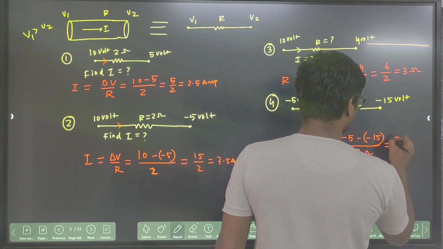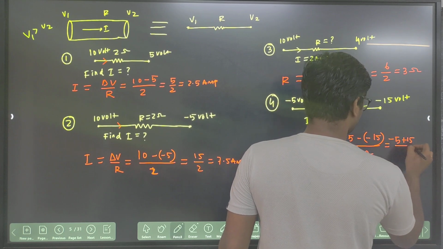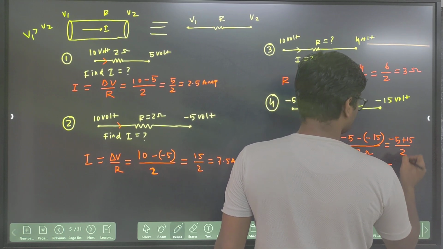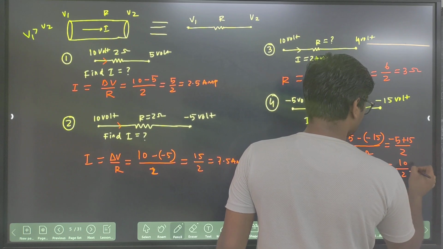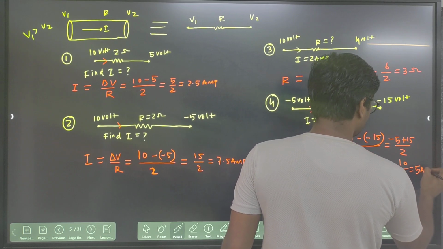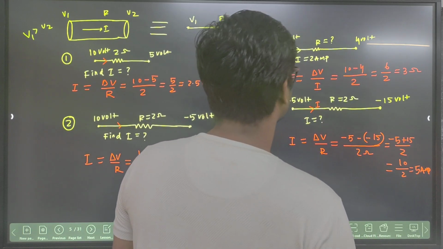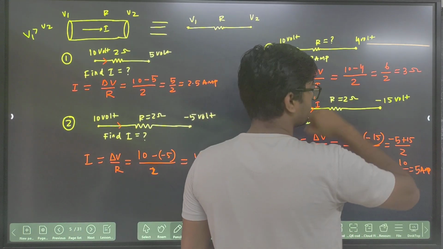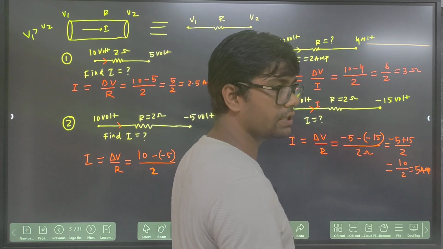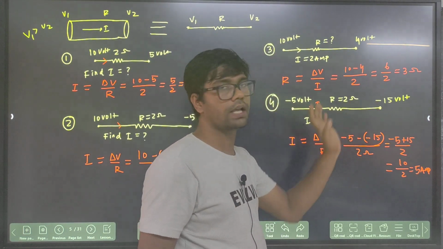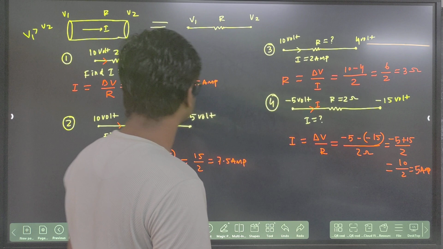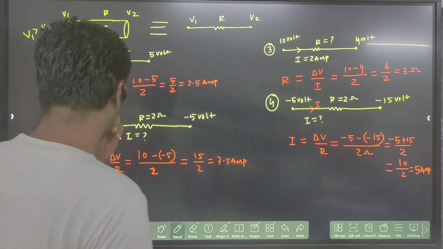So it will be minus 5 plus 15 divided by 2. This will be 10 divided by 2, which is 5 ampere. Clear? 5 ampere current will flow from minus 5 volt to minus 15 volt, because minus 5 volt is a higher voltage than minus 15 volt. Like that you can find out.